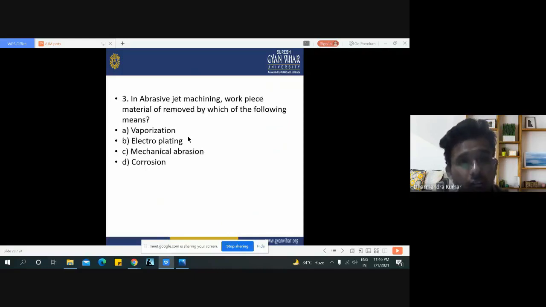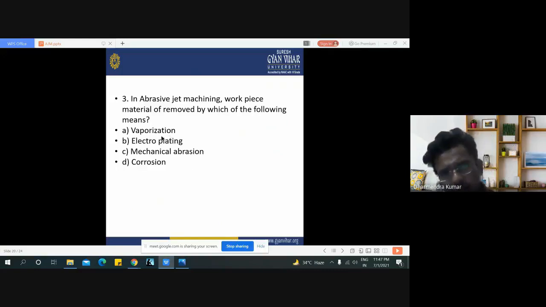Now the third one is, in abrasive jet machining, workpiece material is removed by which of the following means: vaporization, electroplating, mechanical abrasion, or corrosion. We have seen in the second slide where the various principles are given that only mechanical abrasion is responsible for removing extra material from our workpiece.